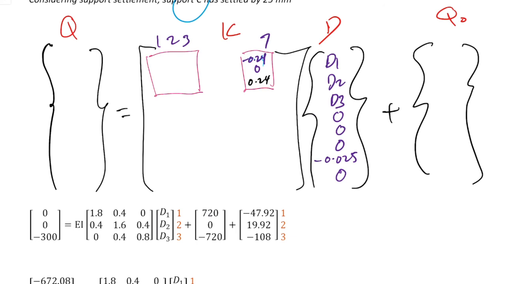And negative 300 plus 720 plus 108, so we will get 528. So here we get 528, and we have to solve this.